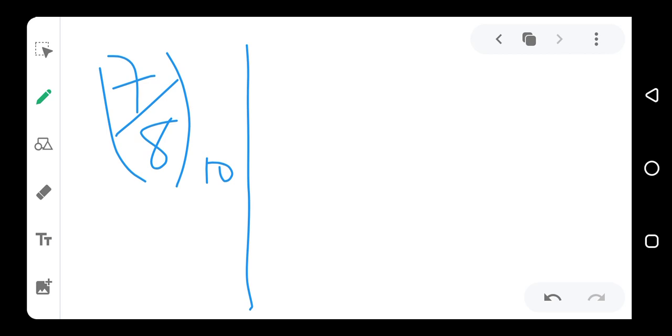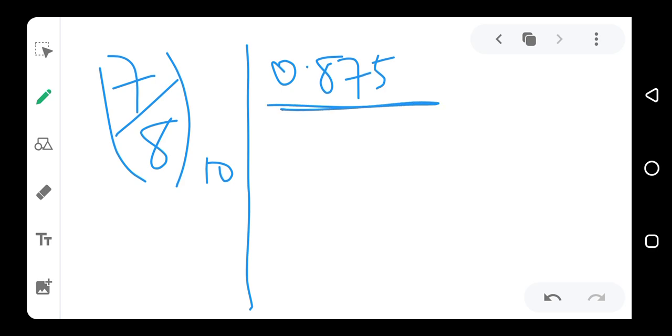So that means that we have to divide it out. 7 over 8. If we divide 7 by 8, we are going to get 0.875. This is the first step. If we have it as a fraction, divide it to get it as a decimal point.